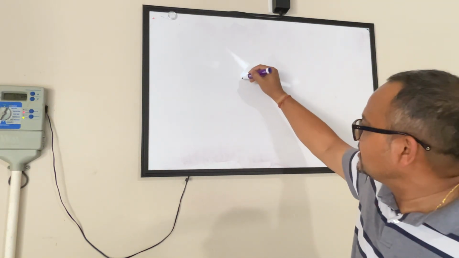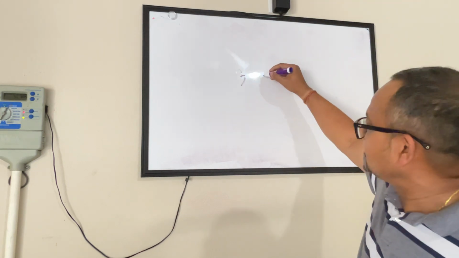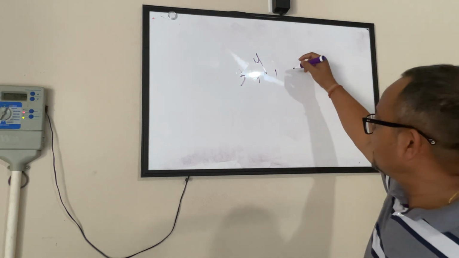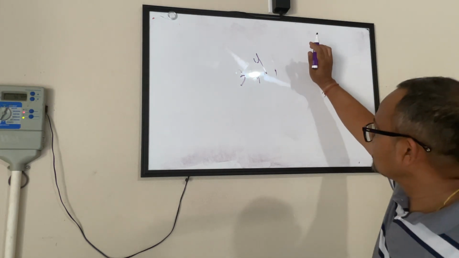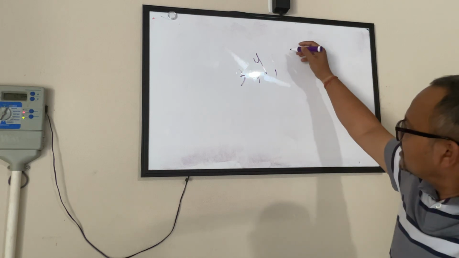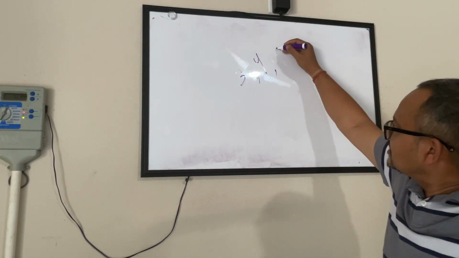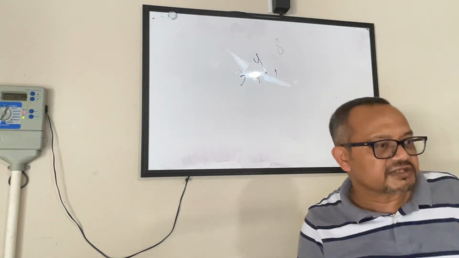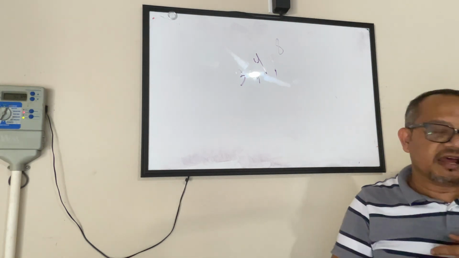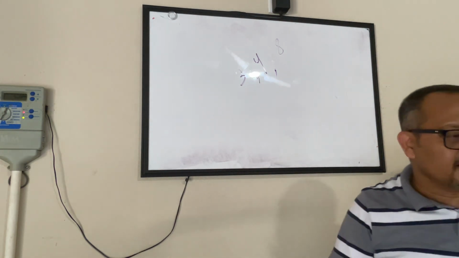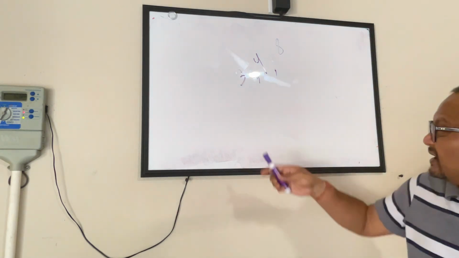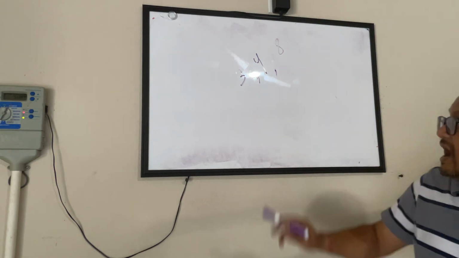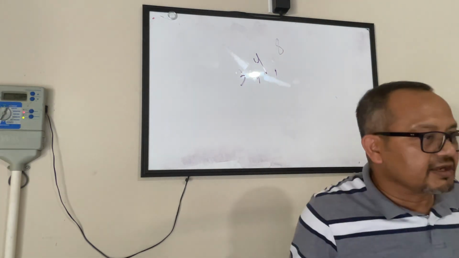Okay, there is a triangle where one side is 3 centimeters, second side is 4 centimeters, and third side is 8 centimeters. Can you guys draw this kind of a triangle? Try drawing a triangle with a scale where one side is 3 centimeters, second side is 4 centimeters, and third side is 8 centimeters. Can you draw a triangle like this?